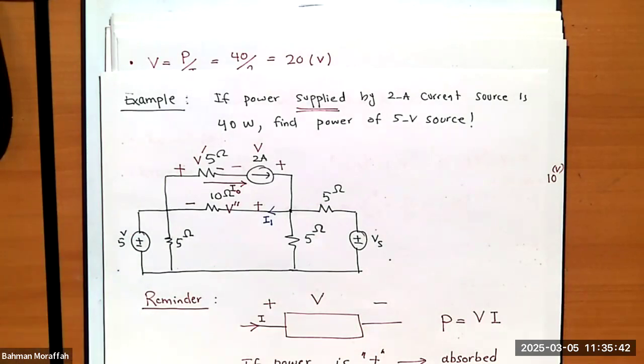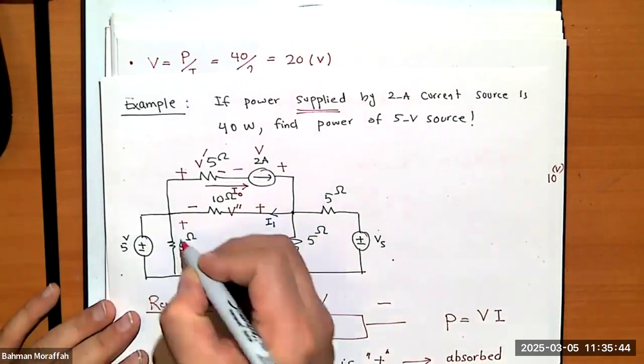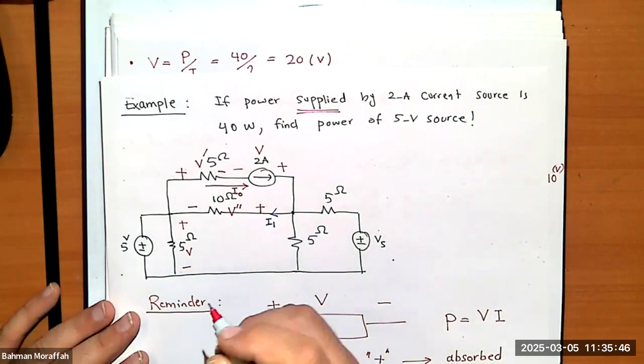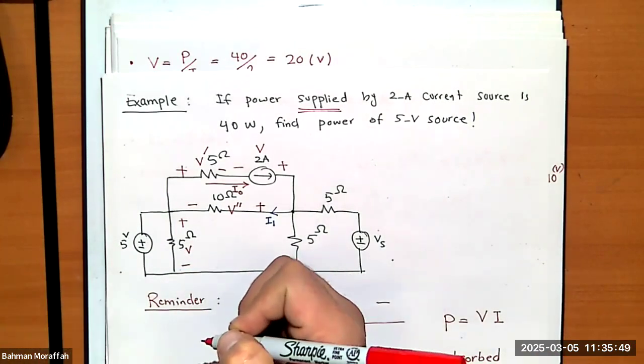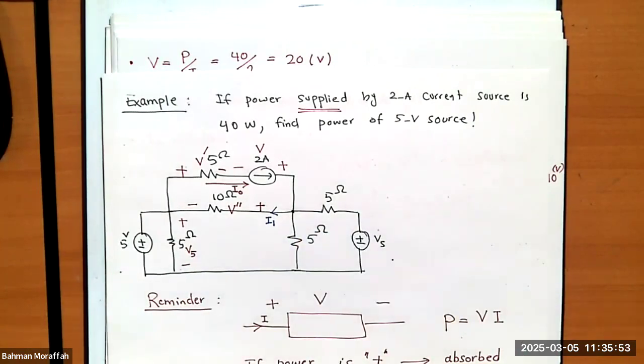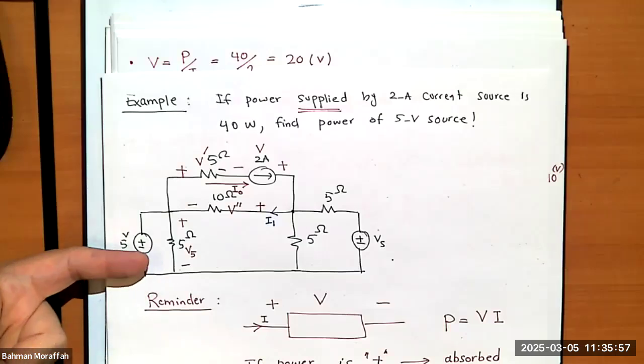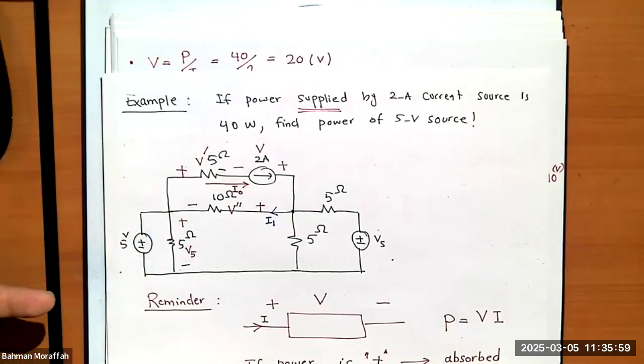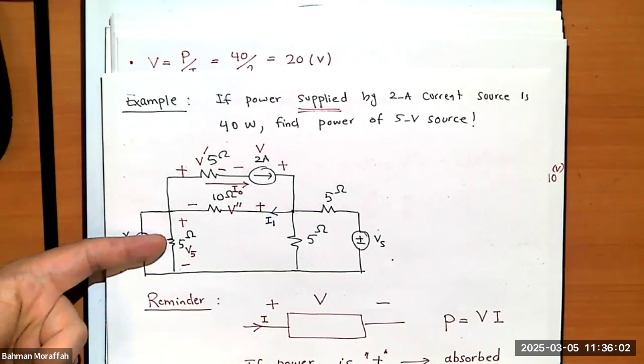Right? Let's call voltage across this, what do we call it? Let's just call it V5. Right? Again, I know V5 is 5. If you cannot see it this way, you can always write a KVL.